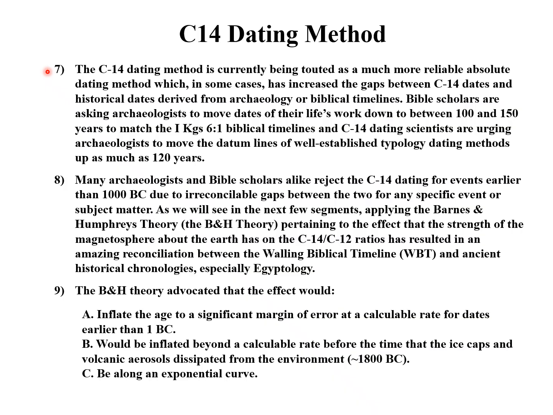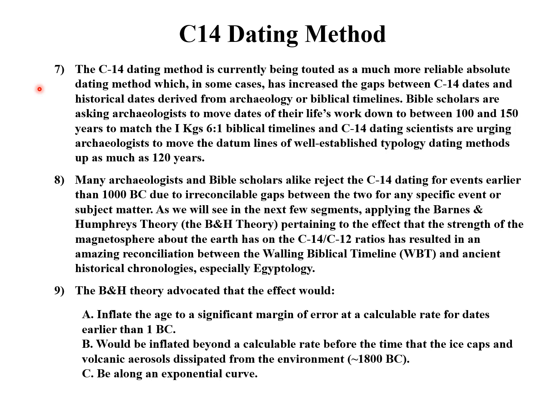And C14 dating scientists are urging archaeologists to move the datum lines of well-established typology dating methods up by as much as 120 years. So archaeologists that use typology datum lines are being pulled in both directions from different cultures of our world. The Bible scholars are saying, you need to move that down. And then you have the scientists for the carbon-14 saying, you need to move that up.